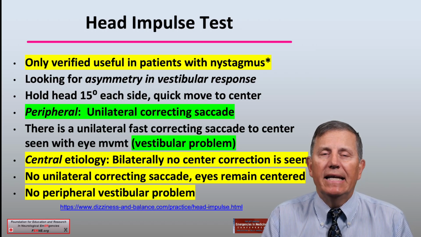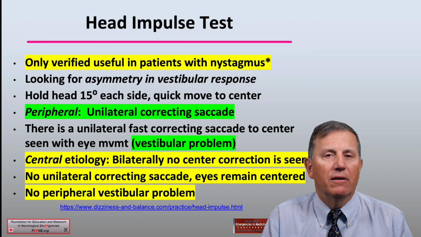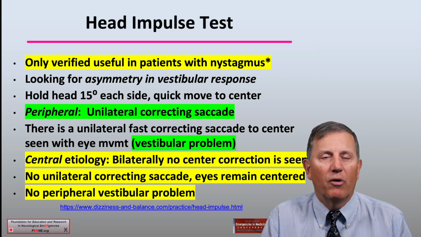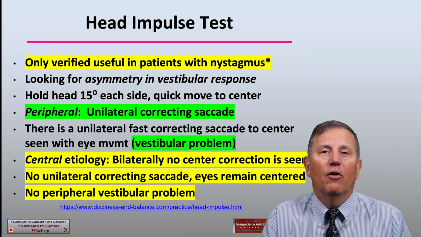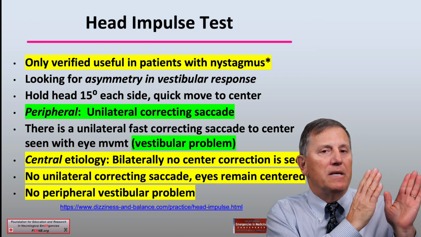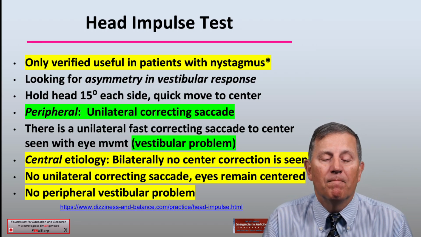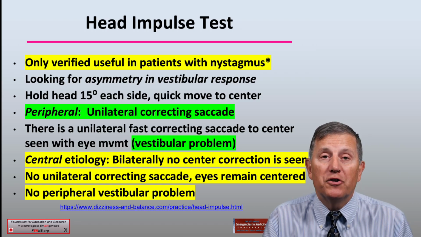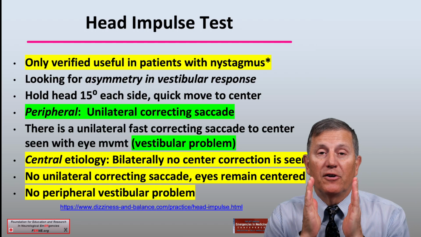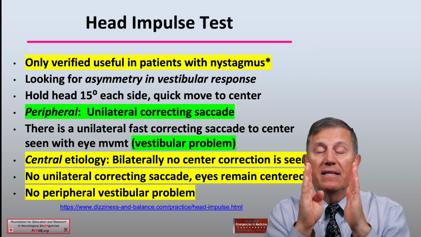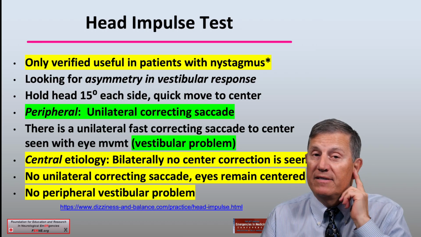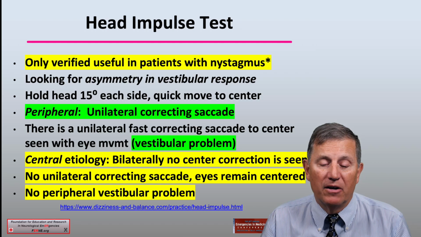If there is a peripheral etiology to the nystagmus and to the acute vestibular syndrome, one of the sides should have some component of dolls eyes on this acute oculovestibular reflex, and there should be some corrective saccade. In other words, on one of the two sides, with movement to the center rapidly, the eyes should lag a bit and there should be some correction to the center because one of the two vestibular systems is malfunctioning.